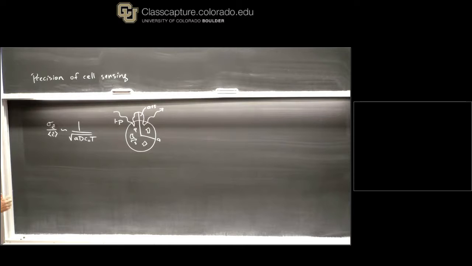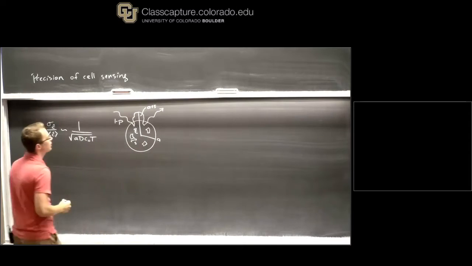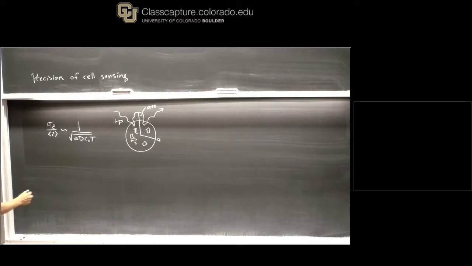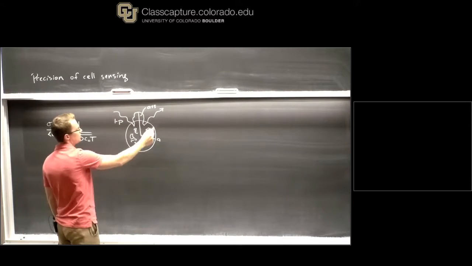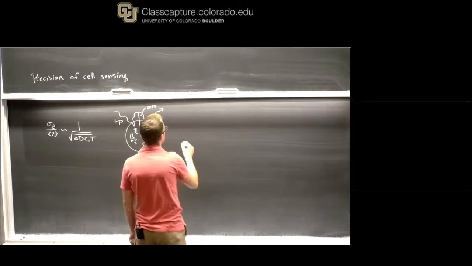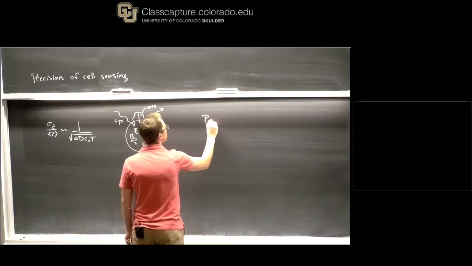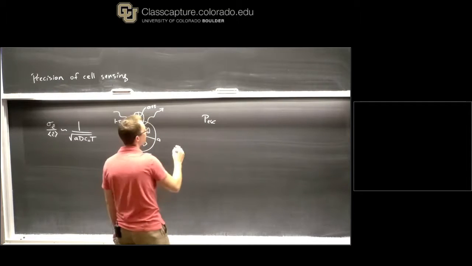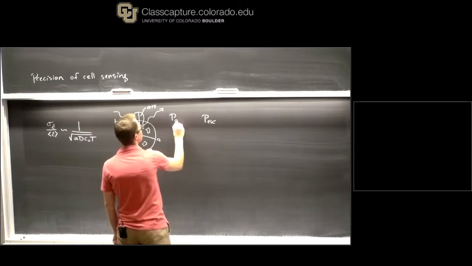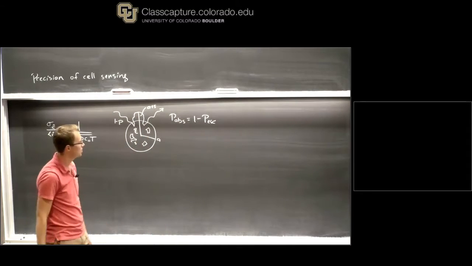Okay, so we counted up all the possible ways that this can happen, and it was a geometric series, and that allowed us to calculate the probability that the cell escapes forever. What we really want is the probability that it's absorbed by the cell, which is 1 minus the probability that it escapes forever.